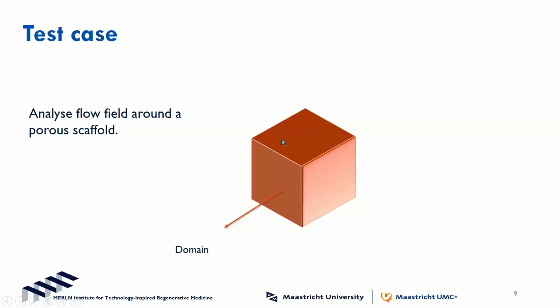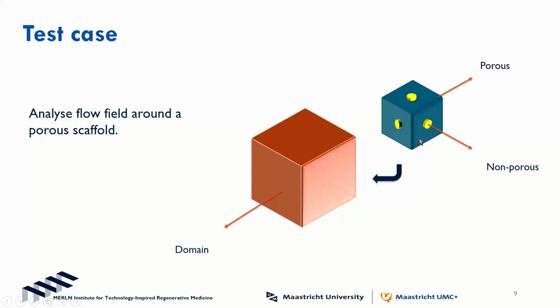we have a domain. This can be any kind of box or sphere in which you want to see what is happening. Here I have chosen a simple cubic box as my domain, and then this is my scaffold. This is also quite simple.